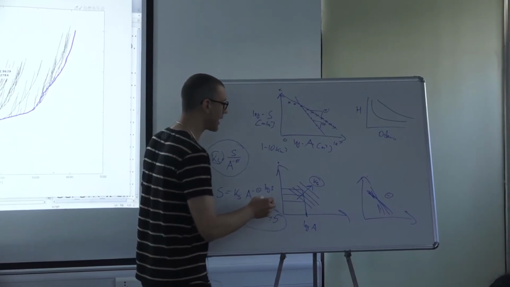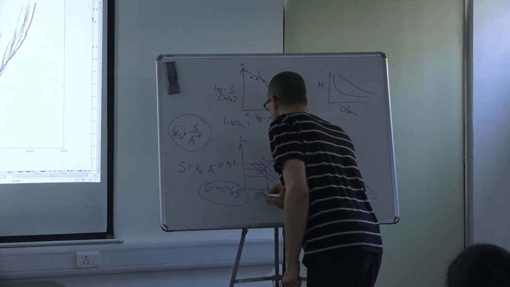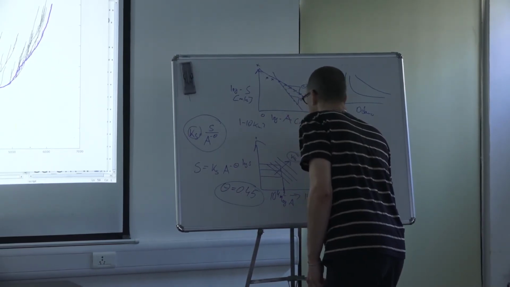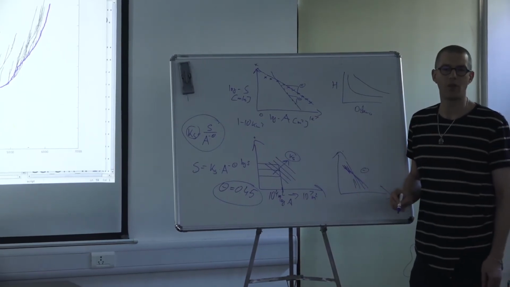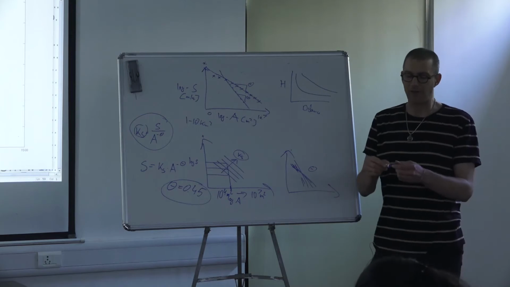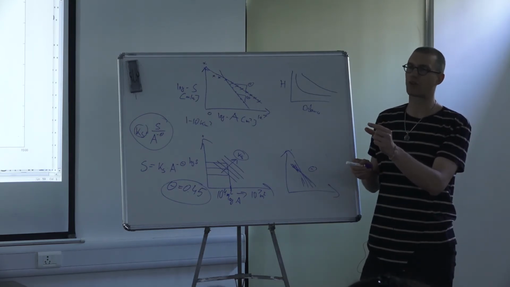Let's say your axis here goes from 10 to the 4 square meters to 10 to the 7 square meters. Then you should be good to go. Or 10 to the 6 to 10 to the 9 or something, right? But fitting a power law through only 1 order of magnitude is not a good idea.